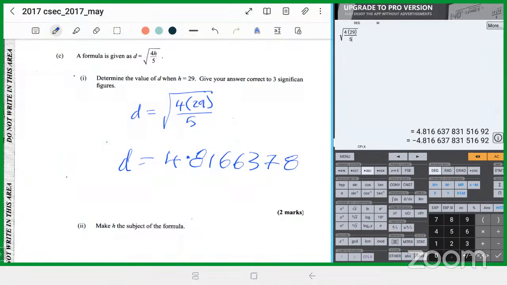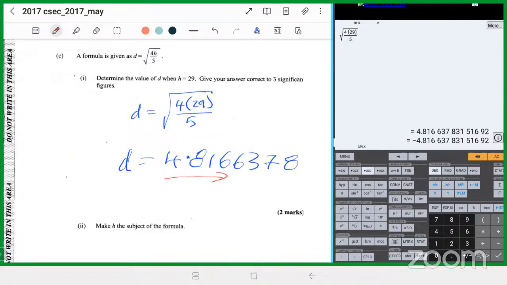So the three significant figures are the first three non-zero values from left to right. The first significant figure in a number is the first non-zero value when you read a number from left to right. So this is the first significant figure. This is the second one. This is the third one.